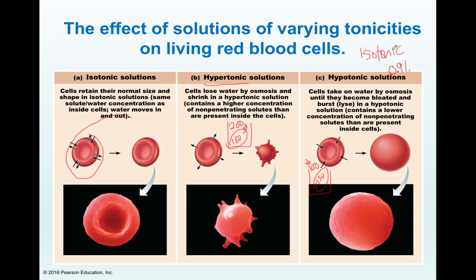That is the normal concentration inside the cell and outside the cell. So that's something that you need to know. It will help you understand, in the sense of nursing, how a change in concentration, if you're dehydrated versus overhydrated, affects your cell shape.